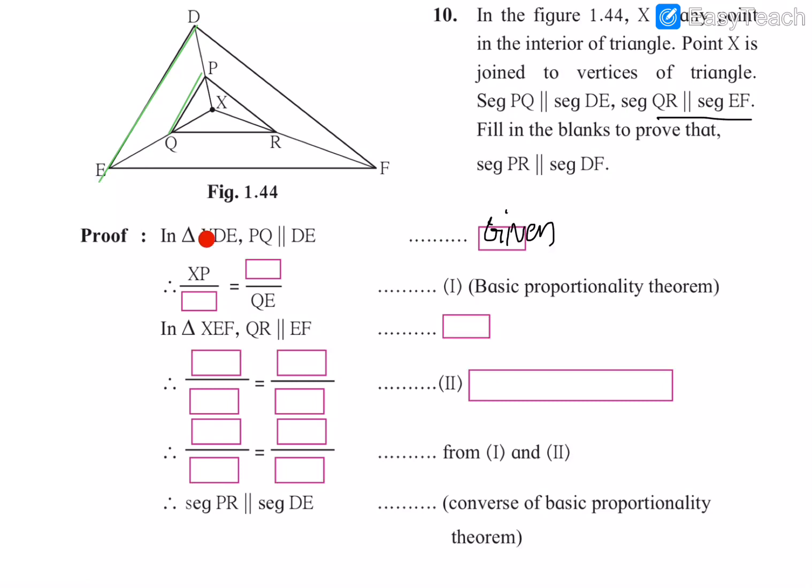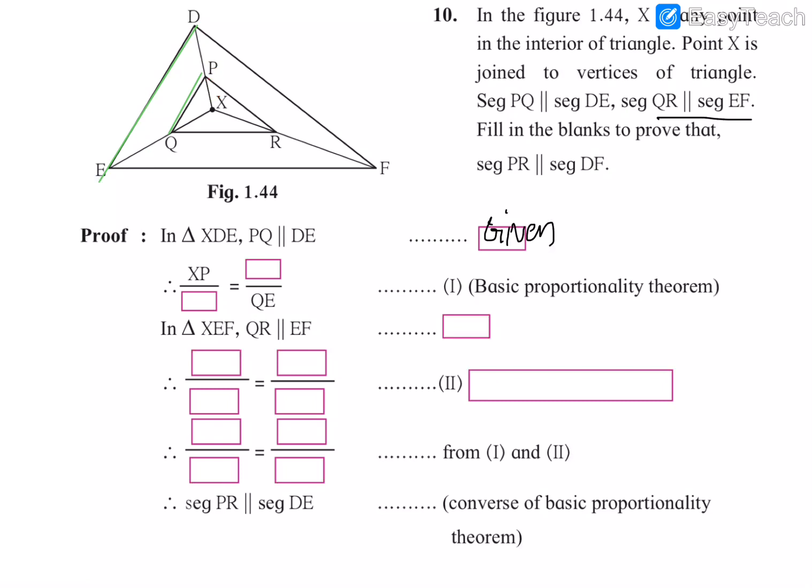And we are going with the next step. We are considering this triangle XDE. Already given that PQ is parallel to DE, so we can apply the basic proportionality theorem.